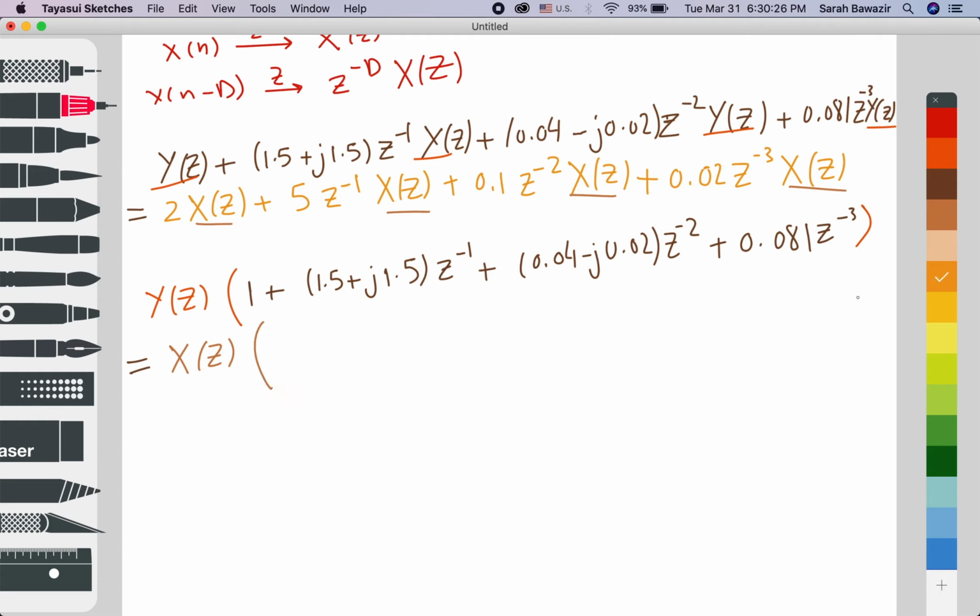What's left? 2 plus 5z to the power minus 1 plus 0.1 z to the power minus 2 plus 0.02 z to the power minus 3.